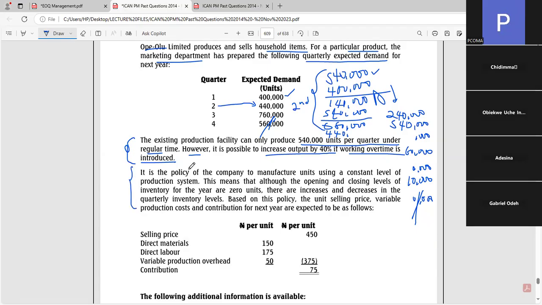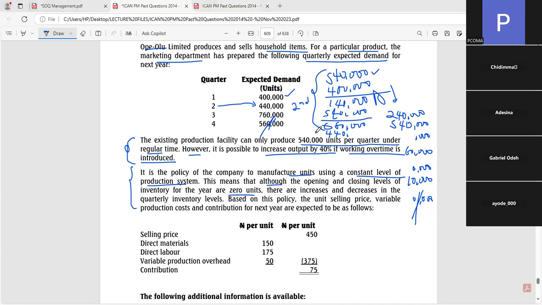Look at this part. It is the policy of the company to manufacture units using a constant level of production system.